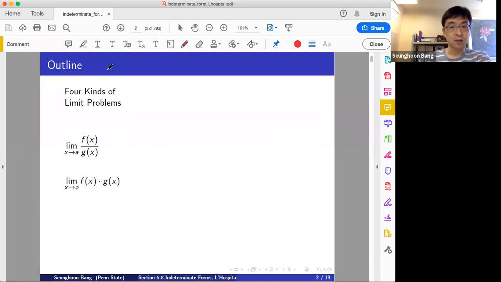Second, the limit of f of x times g of x as x approaches a. Third, the limit of f of x minus g of x as x approaches a. The last one, the limit of f of x to the g of x as x approaches a.